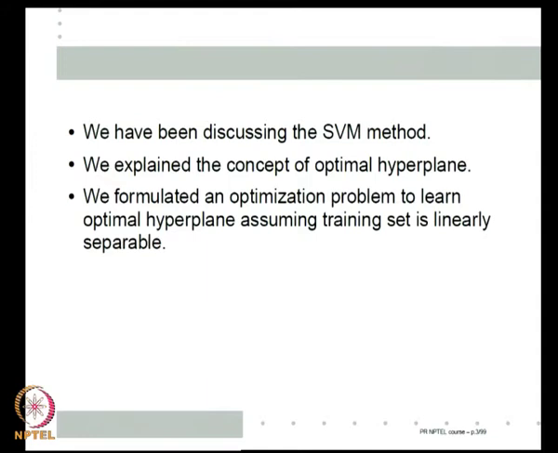We have seen that for learning the optimal hyperplane, we essentially have to solve a quadratic optimization problem with linear constraints. The optimal hyperplane is one which maximizes the separation. And we looked at the formulation only under the assumption that the training set is linearly separable. That is the case we have been considering so far.